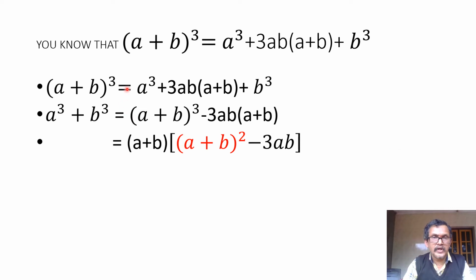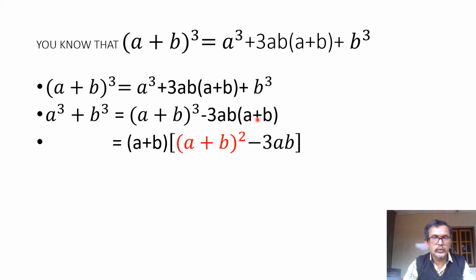Transfer this 3ab into a plus b to this side. Then a cube plus b cube equals a plus b whole cube minus 3ab into a plus b.